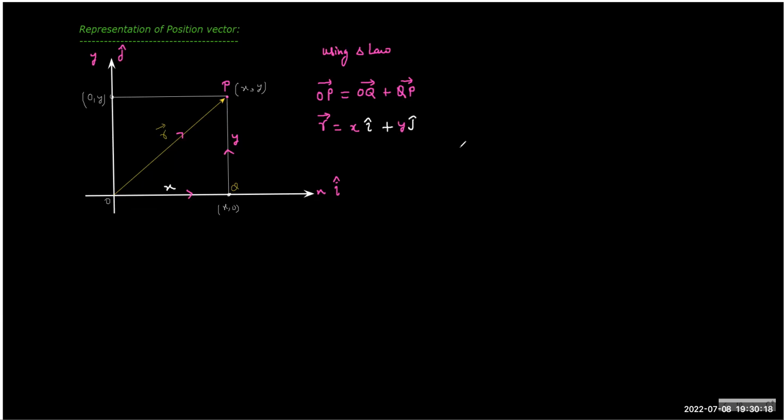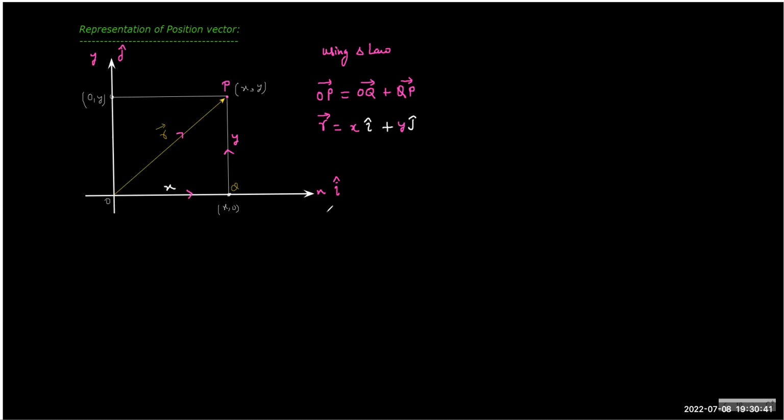So what is R saying? R is the vector obtained from vector OQ and QP. So R is the resultant of OQ and QP vector. And that is exactly the triangle law, X I cap plus Y J cap.